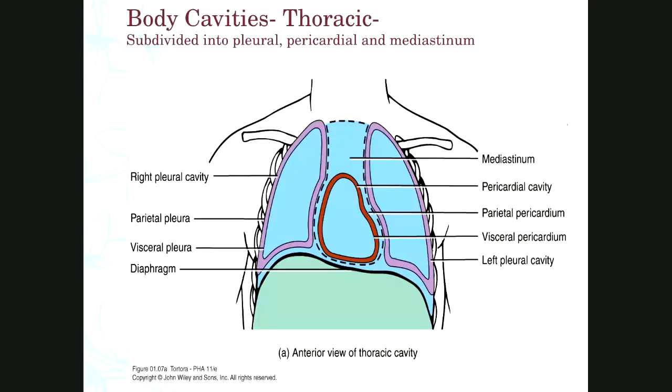So let's talk about the thoracic cavity. The thoracic cavity is subdivided into a pleural cavity that houses the lungs, pericardial cavity, and then this whole thing is considered the mediastinum, which is everything in between here, excluding the lungs.